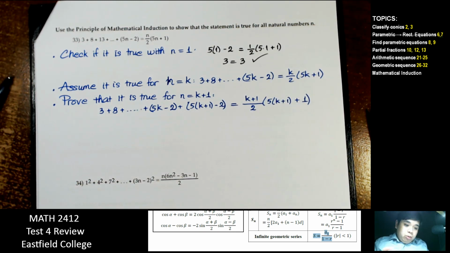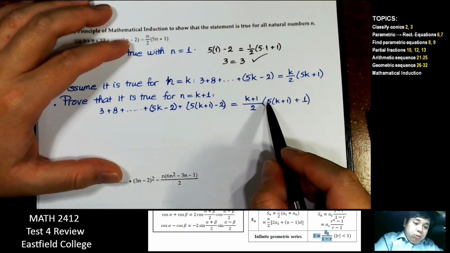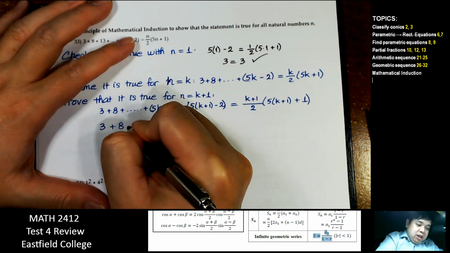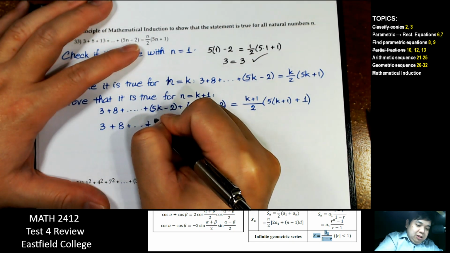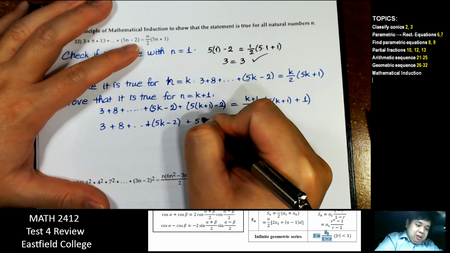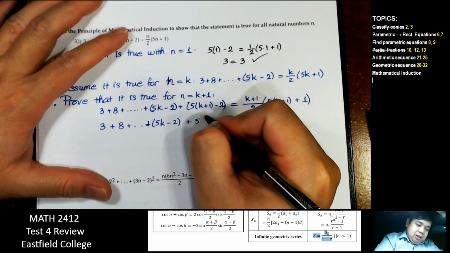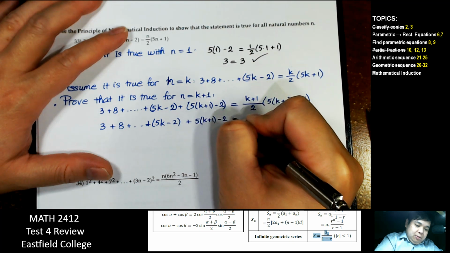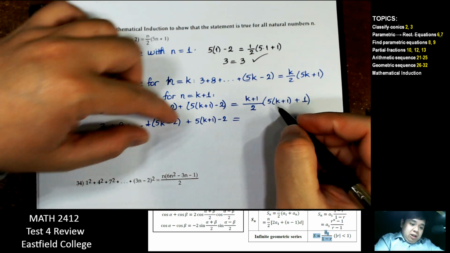Right. So, in order to do that, I will multiply this out first. The left hand side is still the same though. I will not do anything with the left hand side. But this, I will split.